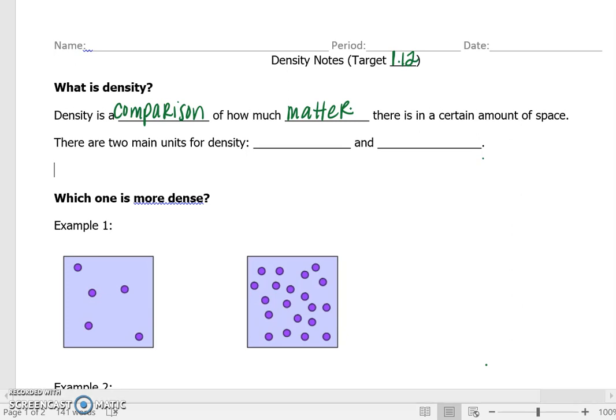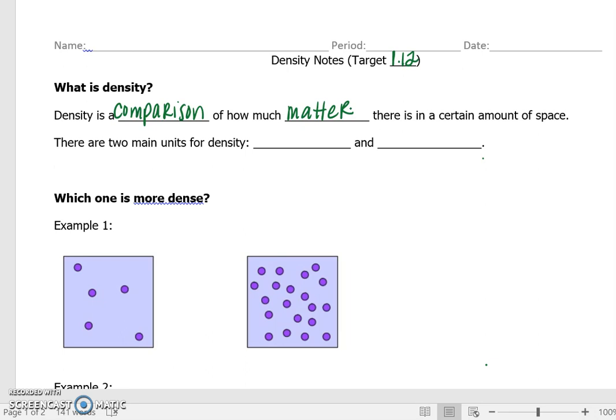Now, I know we haven't really talked about matter yet. That's actually in Unit 2, but if you remember maybe from a past science class, matter is just anything that has mass and takes up space. And density is a measure of how much matter there is in a certain amount of space.